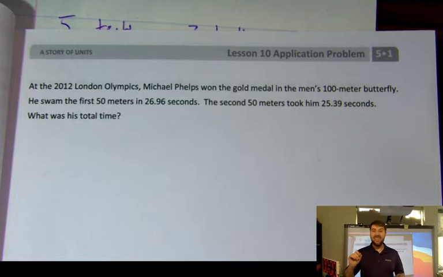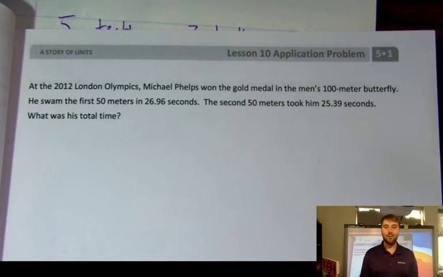It says, at the 2012 London Olympics, Michael Phelps won the gold medal in the men's 100-meter butterfly. He swam the first 50 meters in 26 and 96 hundredths of a second. The second 50 meters took him 25 and 39 hundredths of a second. What was his total time?